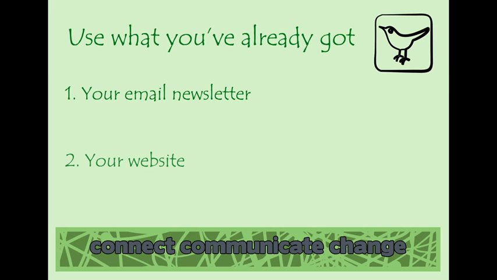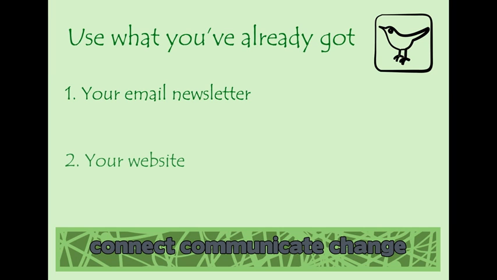So that's three pretty simple ways of getting followers. The first is just by what you've been doing already, which is following interesting and relevant people. The second is by utilising the email newsletter you already have, and the third is by utilising a bit of space on the home page of the website that you already have.